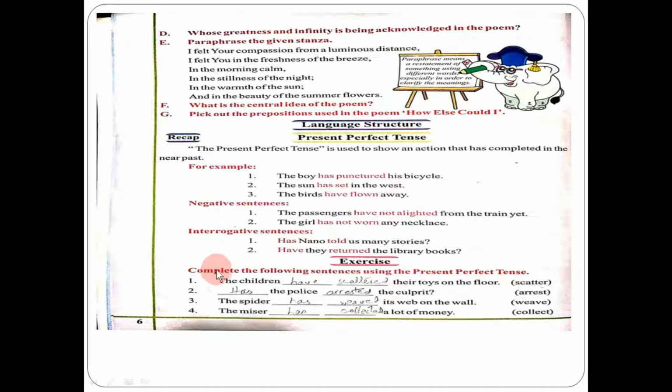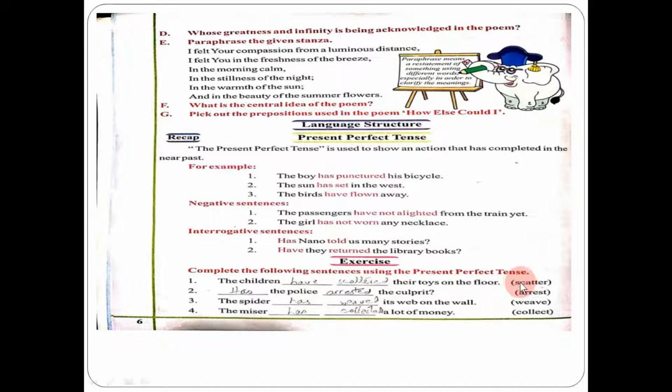An exercise is given and you have to complete it. What is the question? Complete the following sentences using the present perfect tense. Number 1, the children, then gap is given, their toys on the floor, and in bracket verb is given.